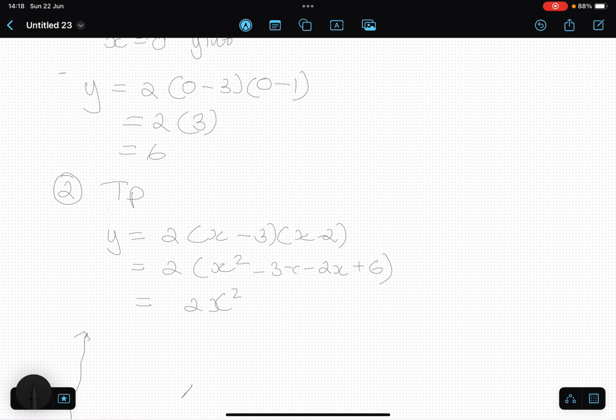That becomes minus 5x, which then times 2 is minus 10x, plus 12. So basically this is the function.